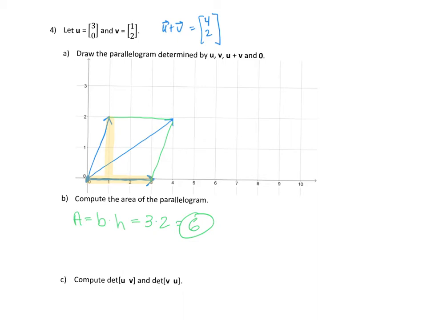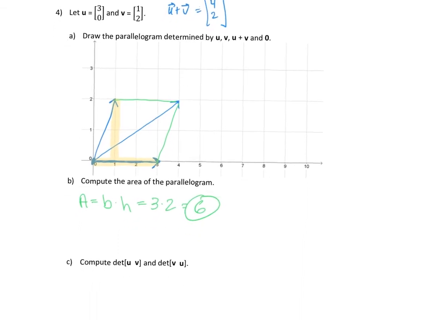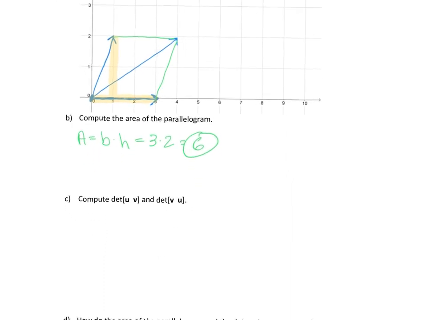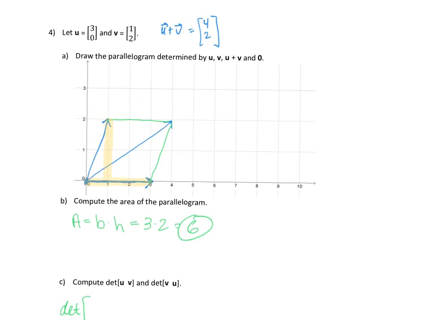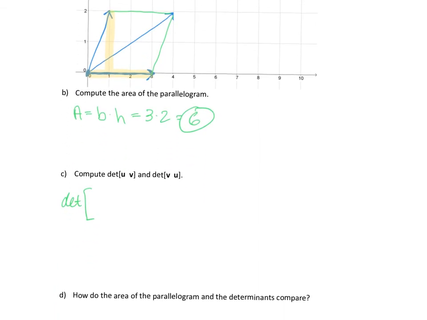And then we're supposed to compute the determinant of a matrix where the columns are u and v, and then another one v and u. Okay, so I want to calculate the determinant of the matrix 3, 0, 1, 2.